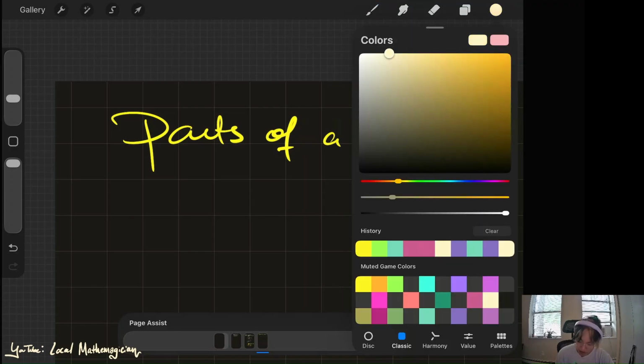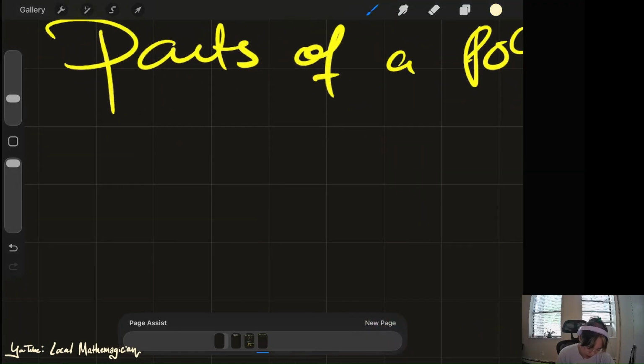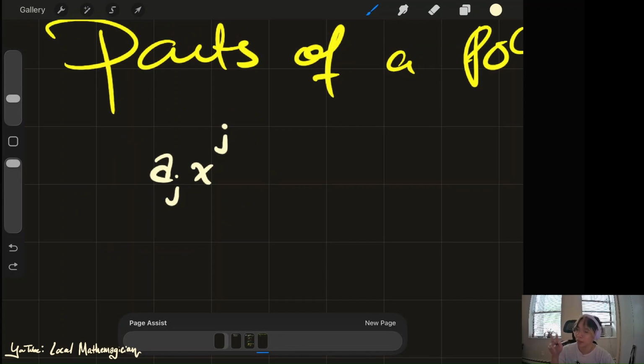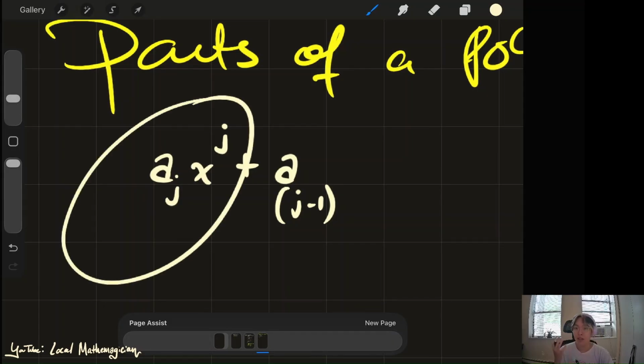So if we go back to a sub j x to the j, again, this has to be the biggest term, and I'll tell you what I mean by biggest, plus a sub j minus 1. You will not see me write this as a sub j minus 1. This is just a generalized form. So this is the coefficient that deals with x to the 7th.